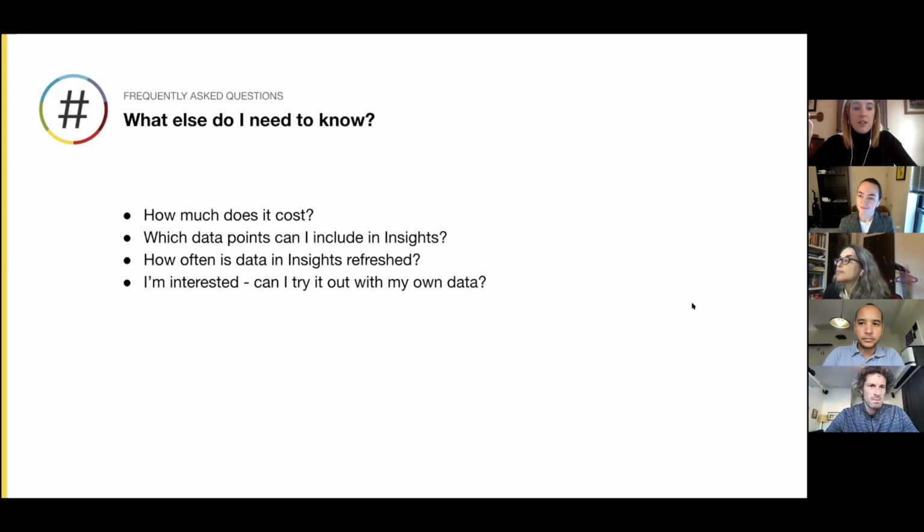And yes, what Kylie mentioned at the end, there is a trial period included where you get to test this before you actually make a decision of if it's something you want to start paying for on a monthly basis or annually or however you pay for NationBuilder. So you absolutely have a chance to play around with your own data.